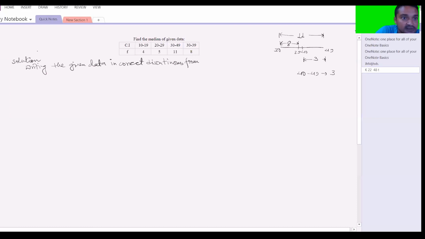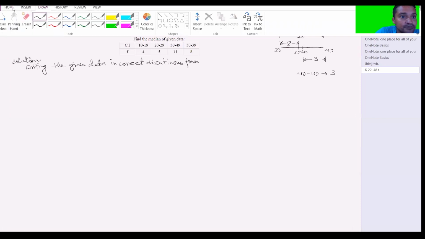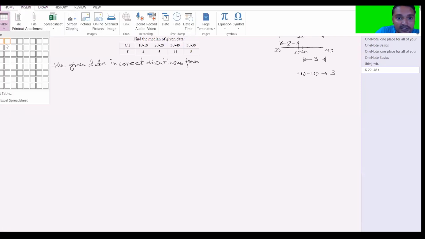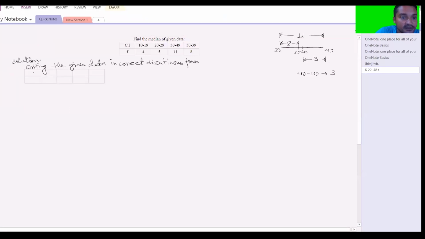I'll draw a table over here, 5 by 2, with class interval and frequency. Class interval 10 to 19, frequency is 4; 20 to 29, the frequency is 5; 30 to 39, frequency is 8; and for 40 to 49 the frequency will be 3.